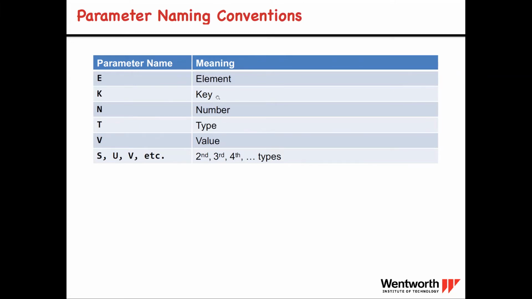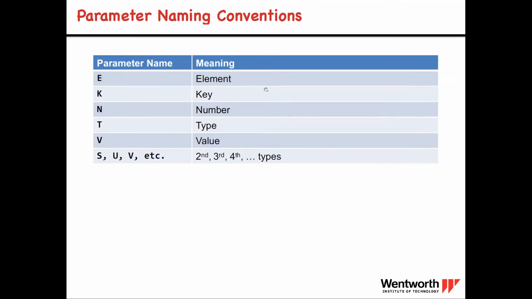K is usually key because that usually goes along with a key value pair. That's why our pair was K and V. N might mean something like number. And then if you have more types, you would use T, S, U, V, and so on. Again, these are just conventions. Depending on the language you use and the place you end up working, if you're messing around with generics, they might have conventions that they want you to use, but these are fairly standard conventions.